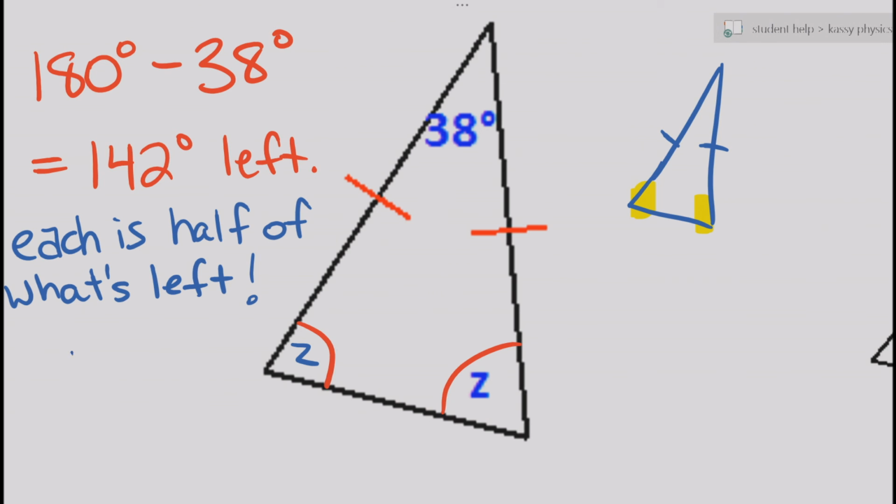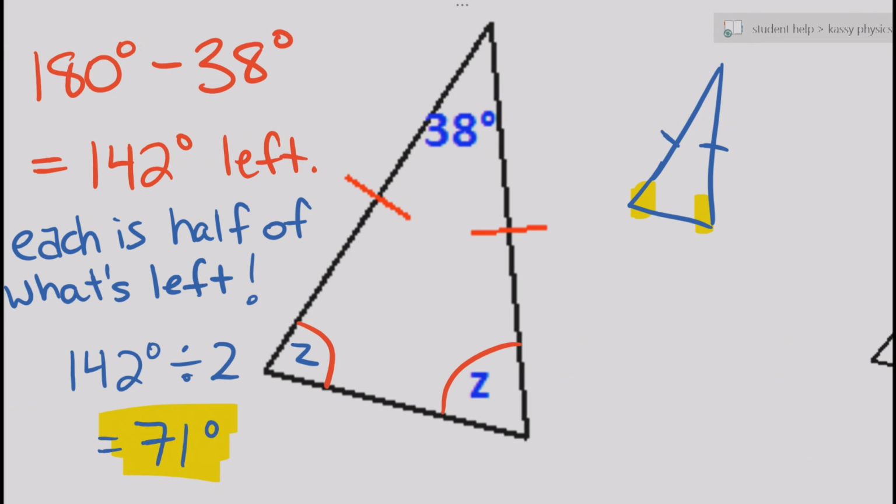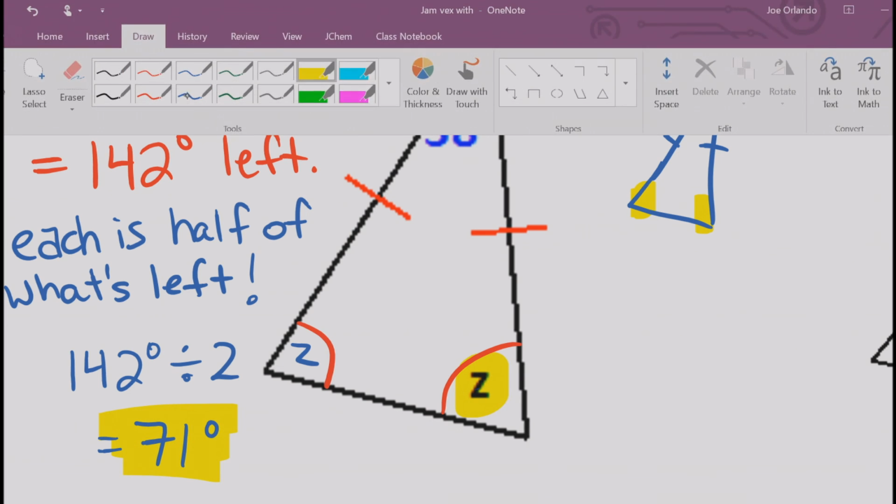And once we know that, we can just say that 142 degrees divided by 2 gives us 71 degrees remaining. And that's it. That's how we know that angle Z must be 71 degrees.